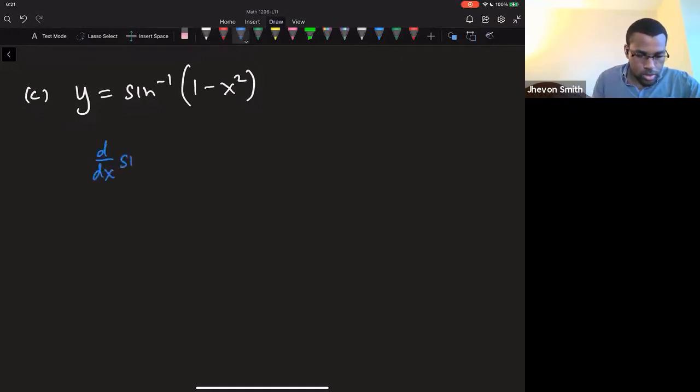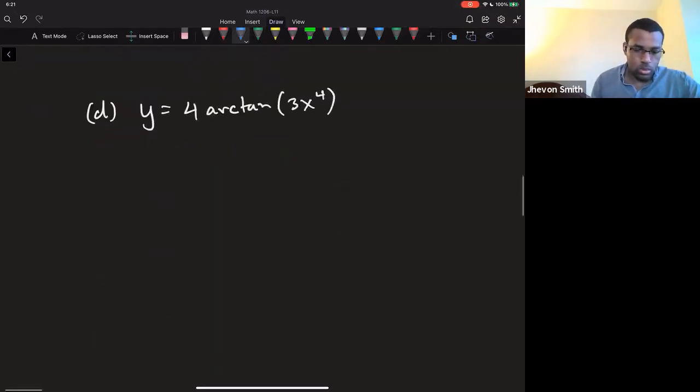Let me remind you, the derivative of sine inverse is 1 over the radical 1 minus x squared. And the derivative of tan inverse is 1 over 1 plus x squared.